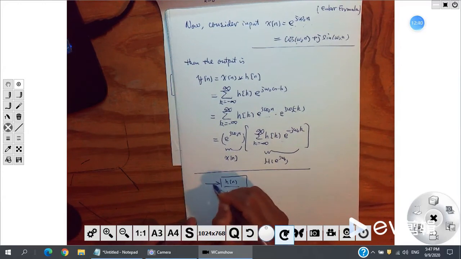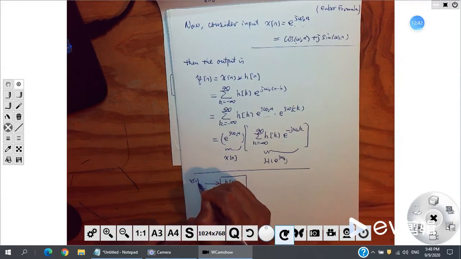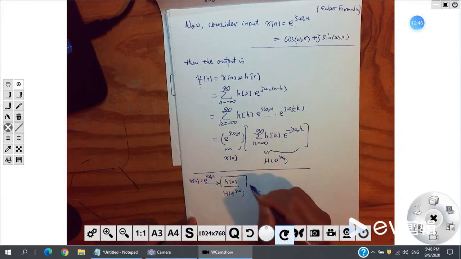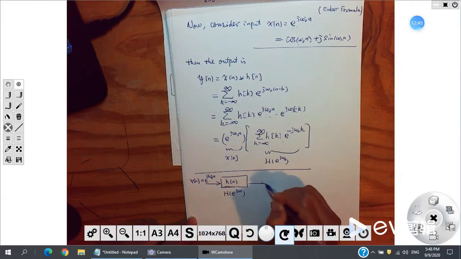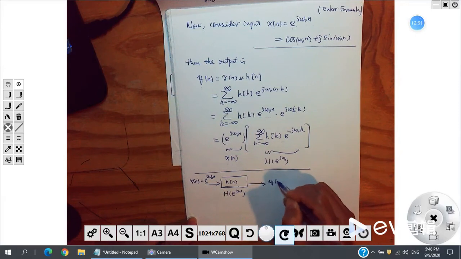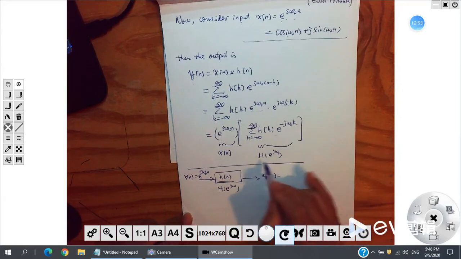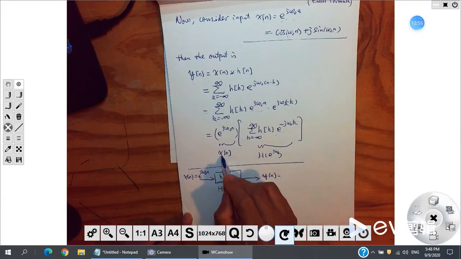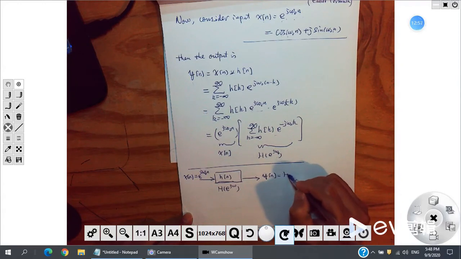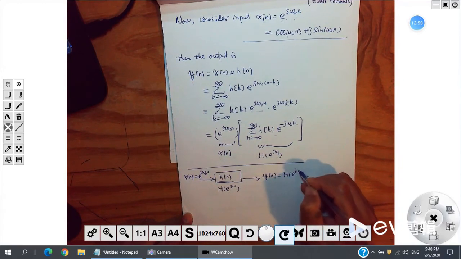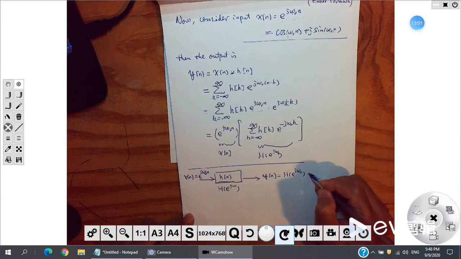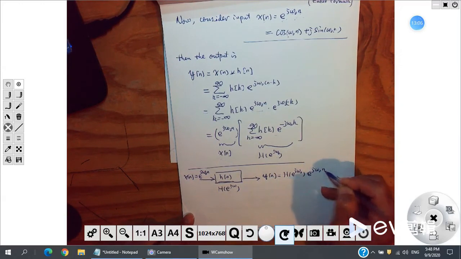The input is x of n, e to the j omega 0 n, and the output y of n is this amplitude times x of n, e to the j omega 0 n.